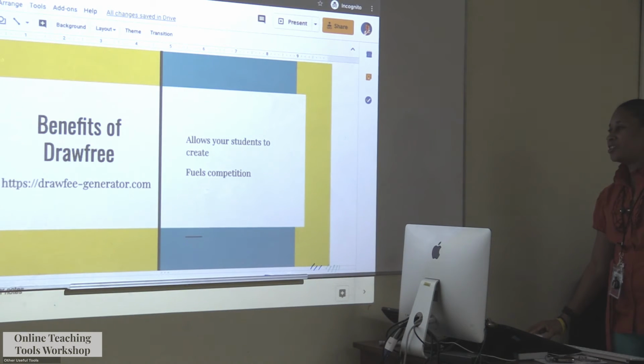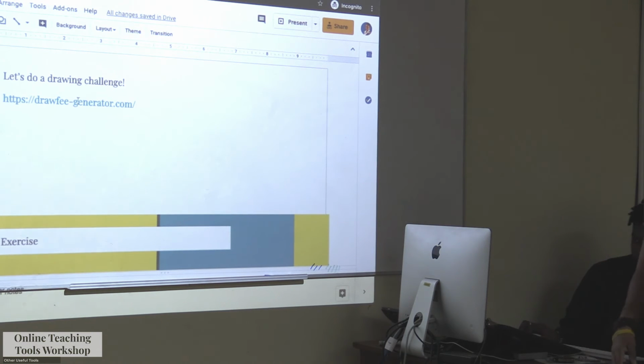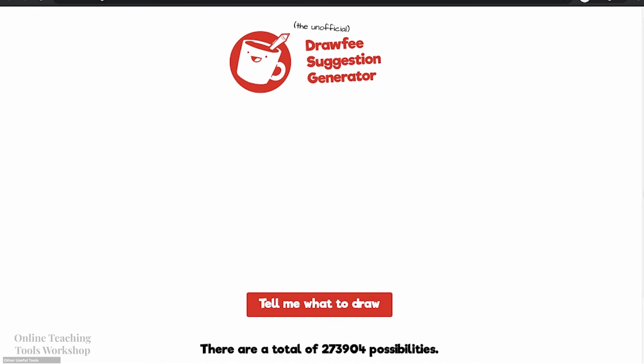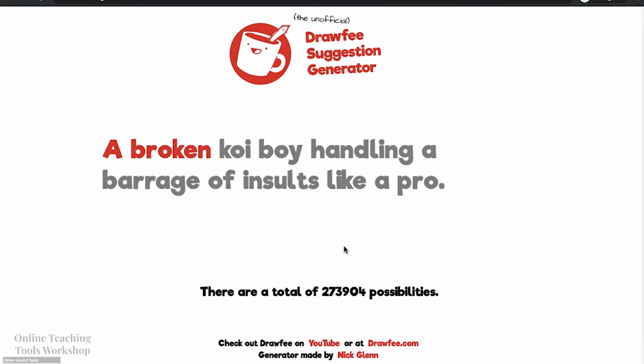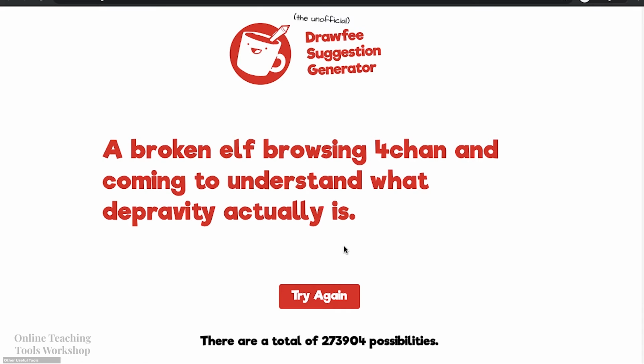So if you go to Draw Free's website, what it does is it gives you these challenges. There it is, nice and blank at first. You click, tell me what to draw, and it randomly generates something for the students to draw.